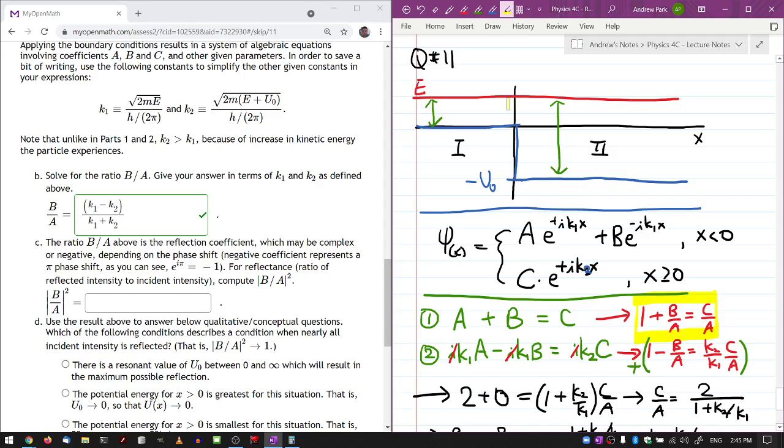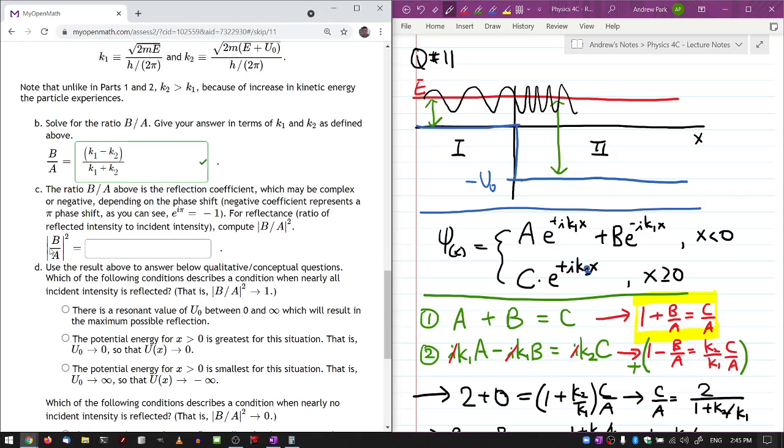If we imagine a wave function solution, this drop in potential energy increases kinetic energy, and it causes the wavelength to be shorter. What this result is showing is that if the wave goes from a region where it has longer wavelength to shorter wavelength, then the reflected wave experiences a pi phase shift. It's quite analogous to what you have seen in optics, except in optics we didn't bring in quantum mechanics.